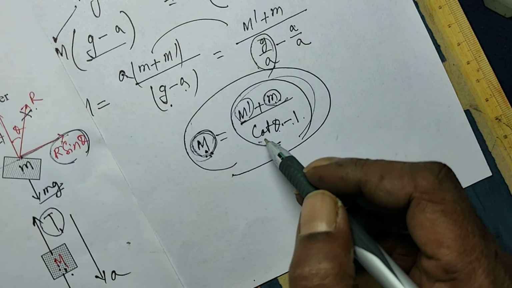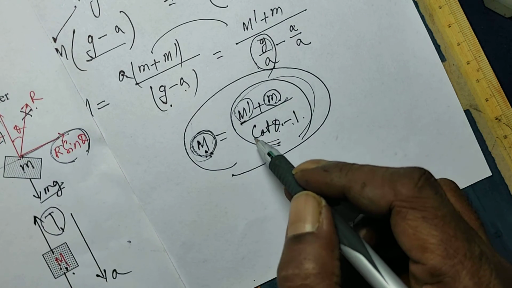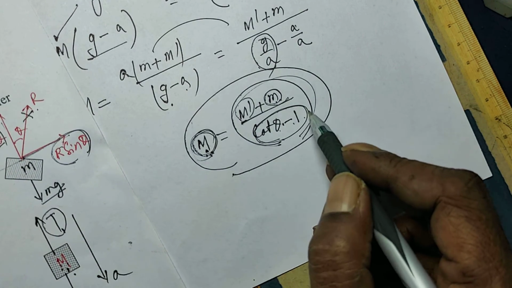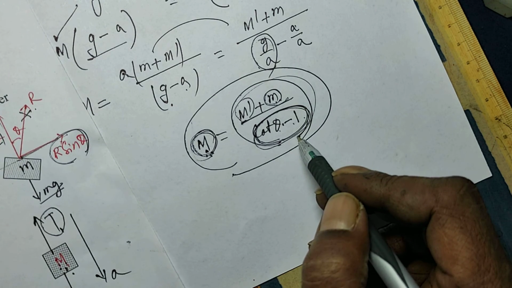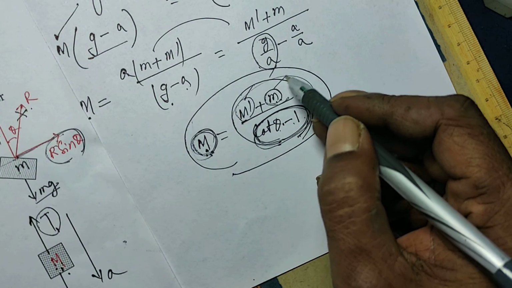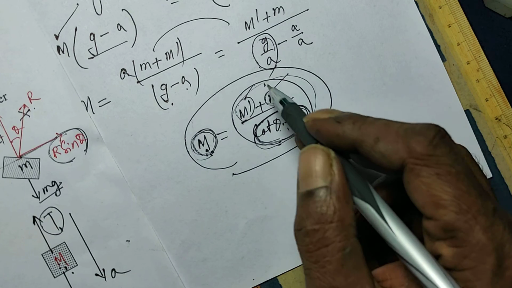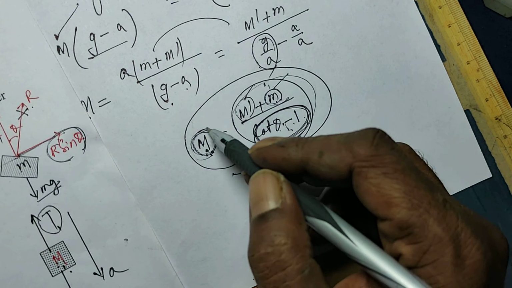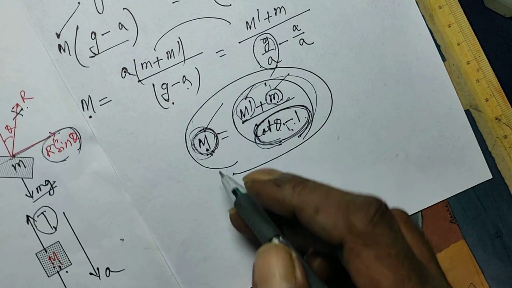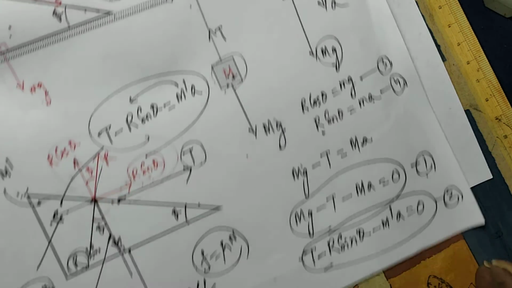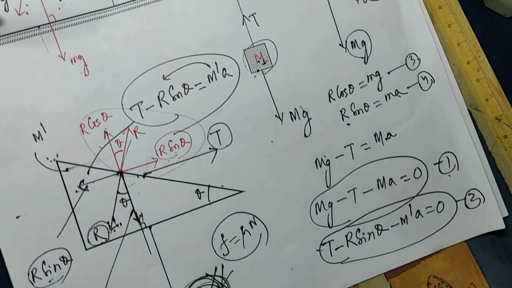And if you look at the denominator, if this value is less, for a given value of m dash and m, then the value of the fraction will be more, then the value of m has to be more. So that is all about it.